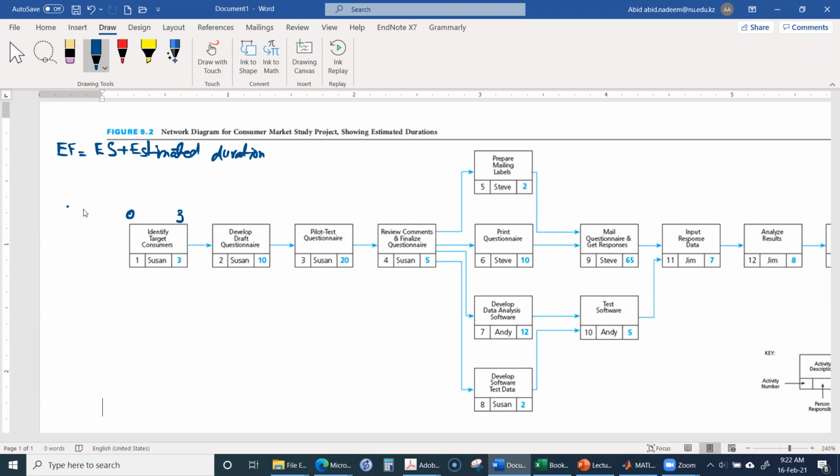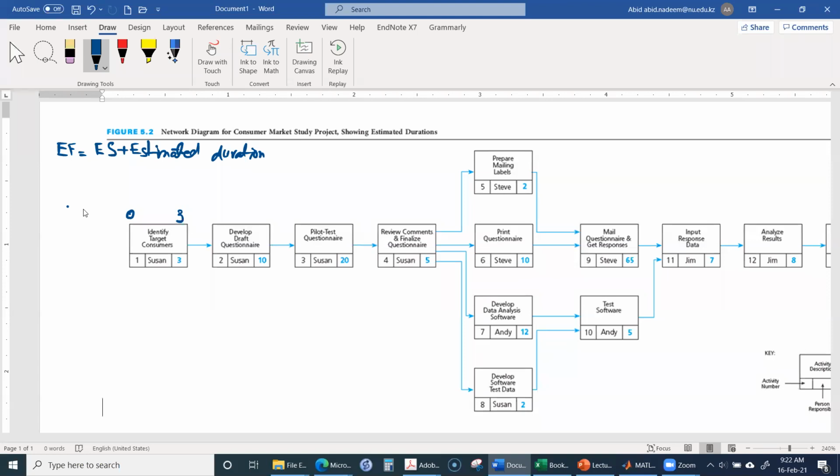Now we have activity number 2, which is preceded by activity 1. Once activity 1 finishes, only after that can we start activity number 2.